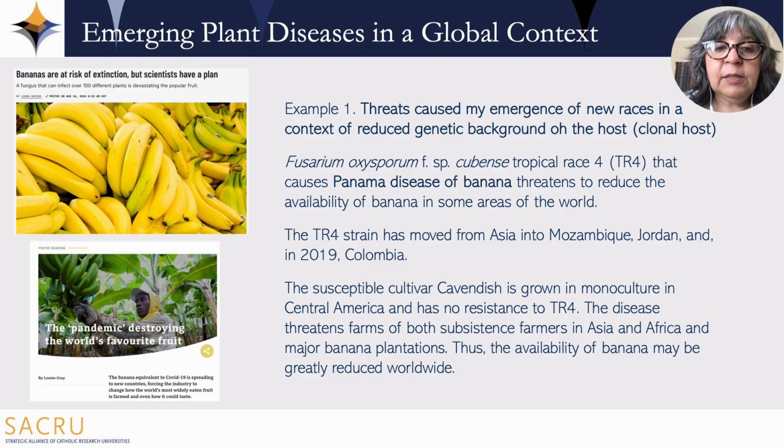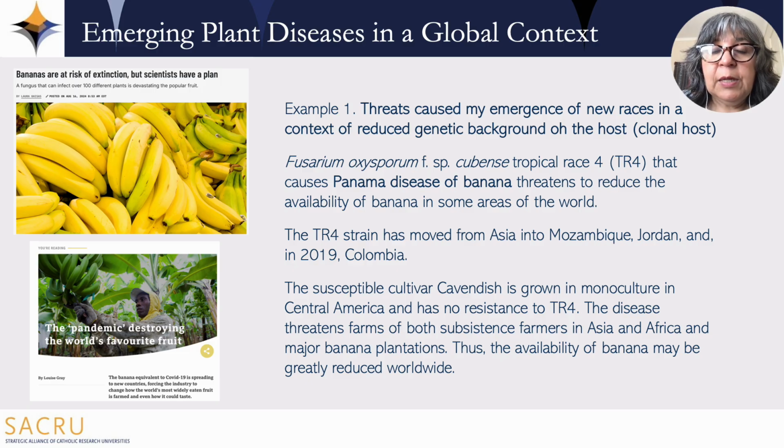The pathogen is Fusarium oxysporum, which has a specific race 4, that causes the disease known as Panama disease of banana, that is threatening the banana production because it affects the plant.